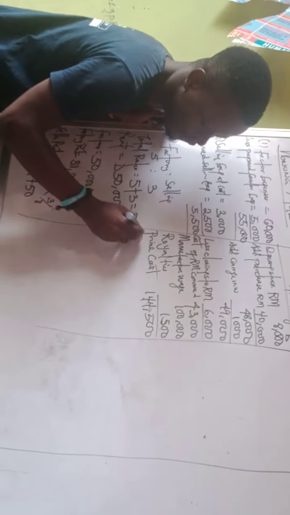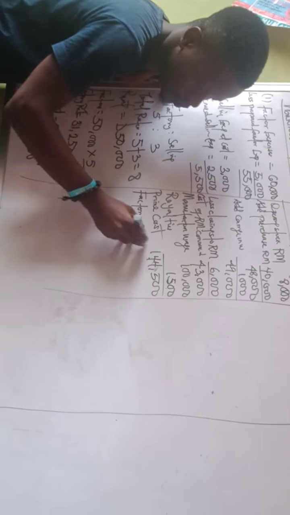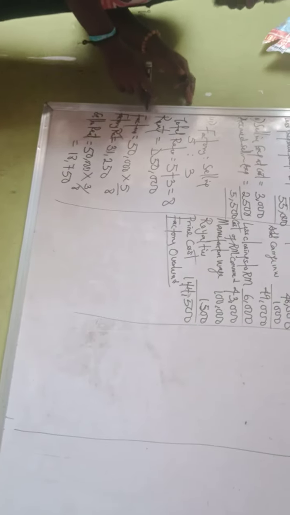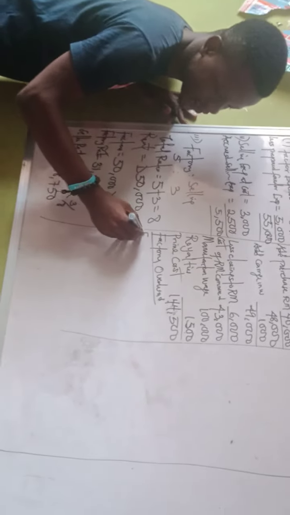Then we have our factory overhead, right? Now, let's first treat our working notes. That's the factory rent. Is that not? Yes. Working Note 3. That's how much?